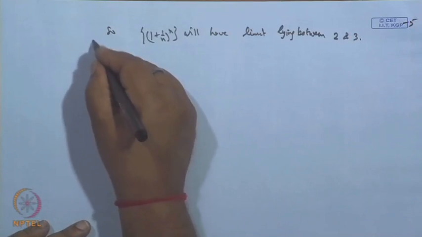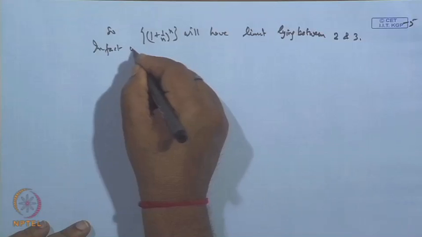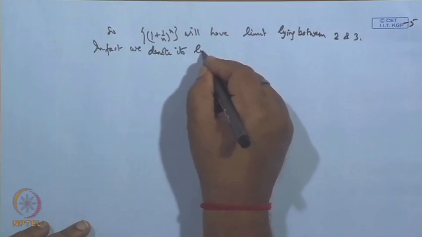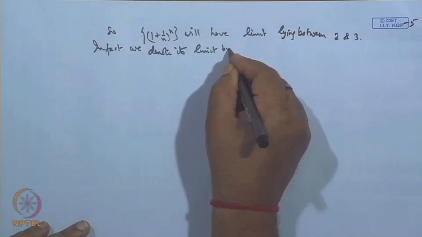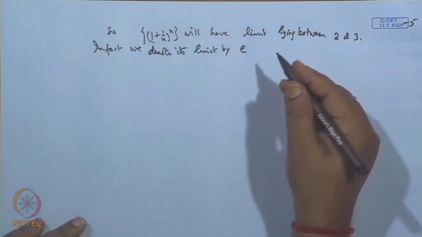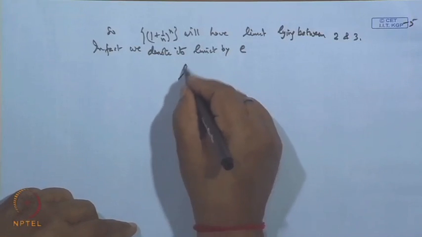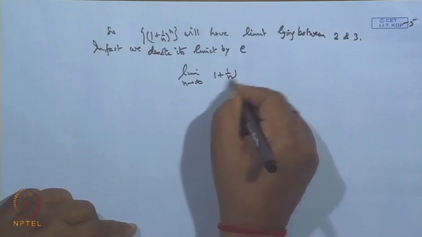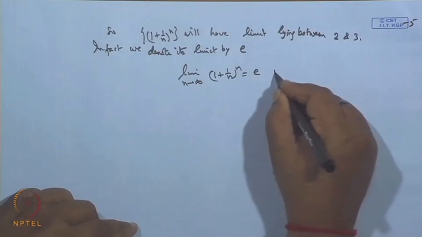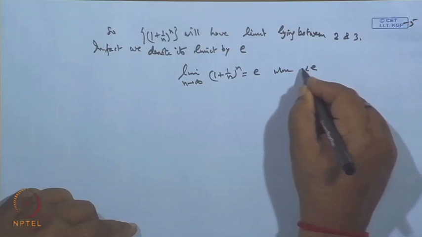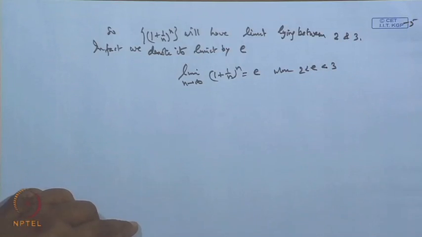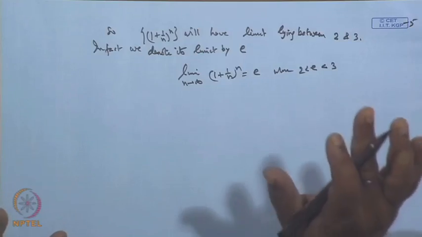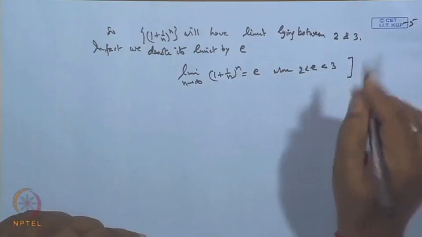And in fact we denote its limit by E, and it will be shown later that the limit of (1 plus 1 by n) to the power n as n tends to infinity is E, where E lies between 2 and 3, and it is an irrational number, 2.7 something like that. So this will be the limit.